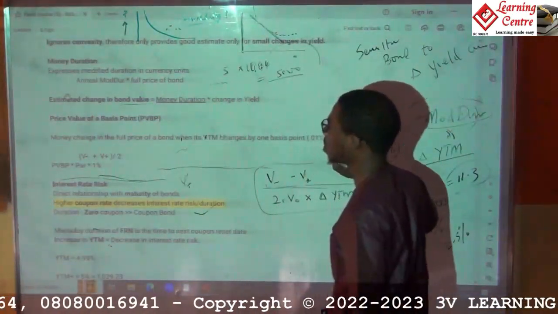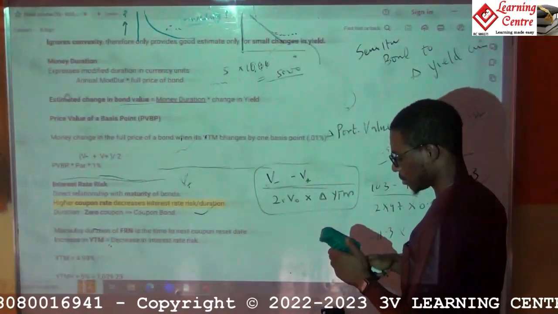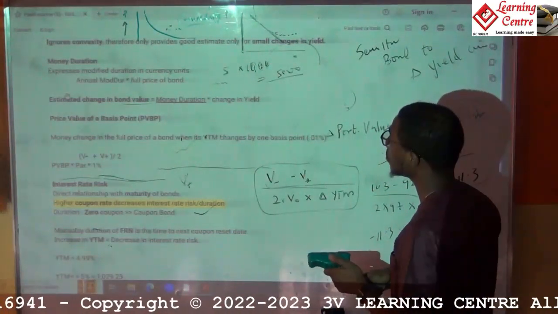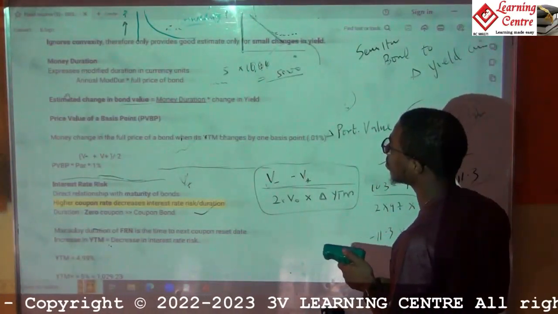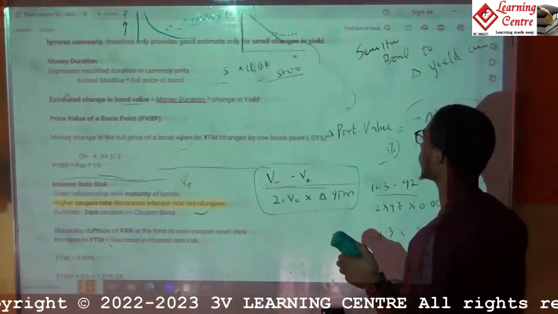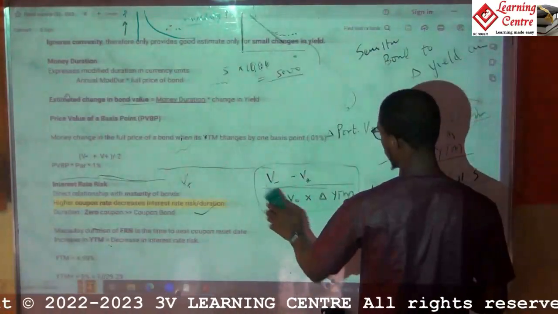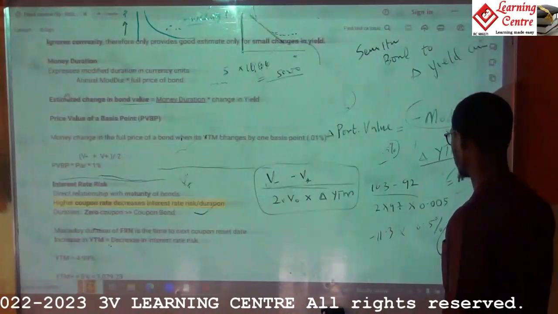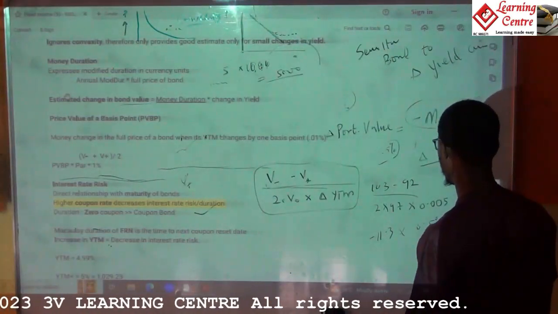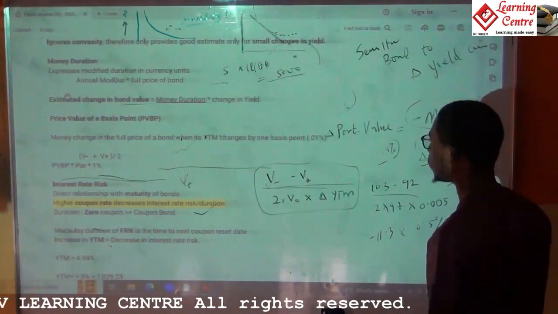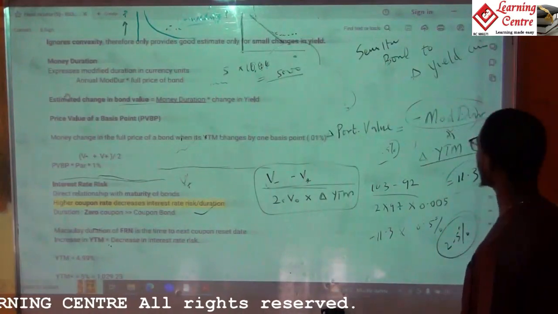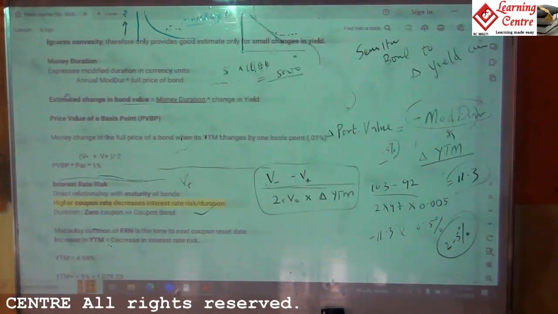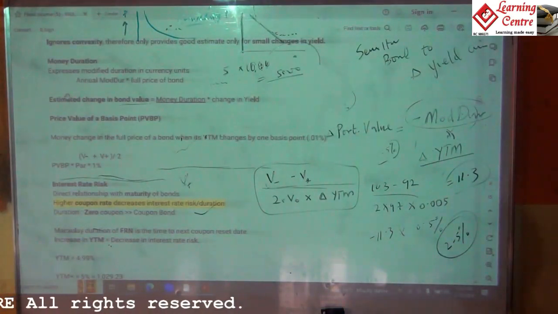The figure we get from this, modified duration times the yield change, is the change in portfolio value. That figure is in percentage. Now we multiply it with the price of the bond to find the actual decline.